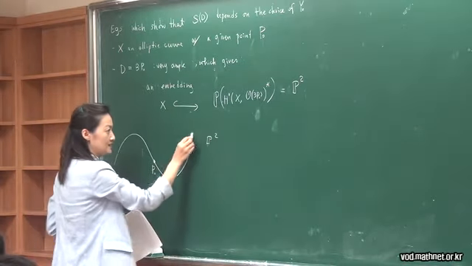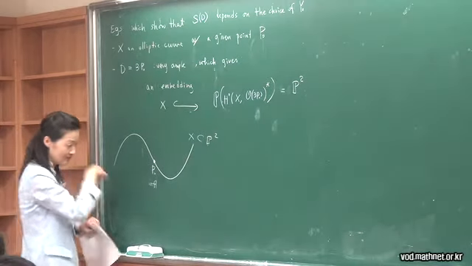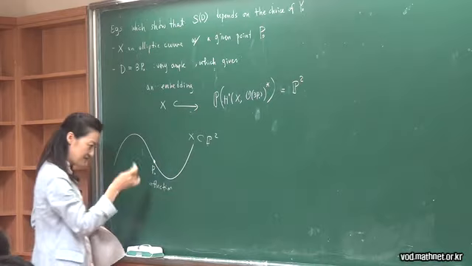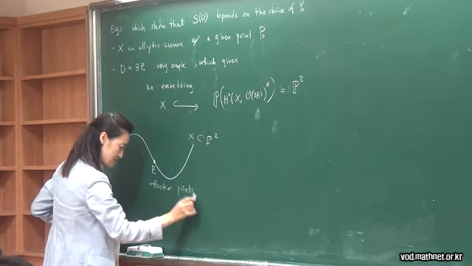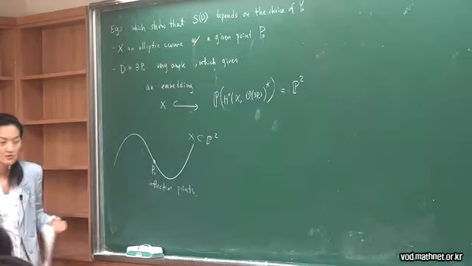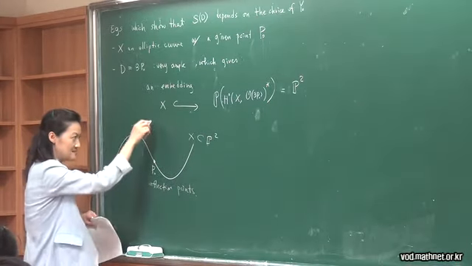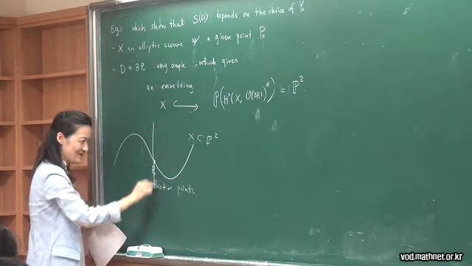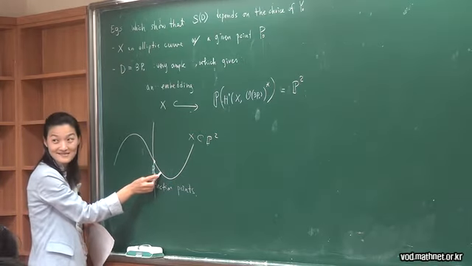Actually, there are only finitely many inflection points, and P naught is one of them, which means the tangent line of X at P naught has intersection multiplicity 3 with X.